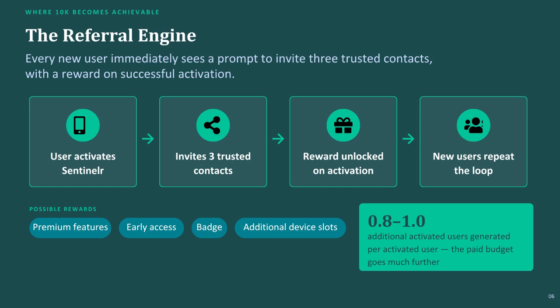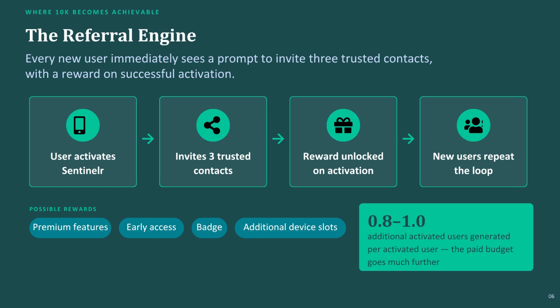This instantly turns our users into our influencers and marketers, because when every user activates Sentinel, they invite 3 trusted users, the reward is unlocked on activation, new users repeat the loop, and we'll be able to achieve 10,000 users. The possible rewards we can offer are things like premium features, early access badges, additional device slots, and additional activated users generated per activated user.